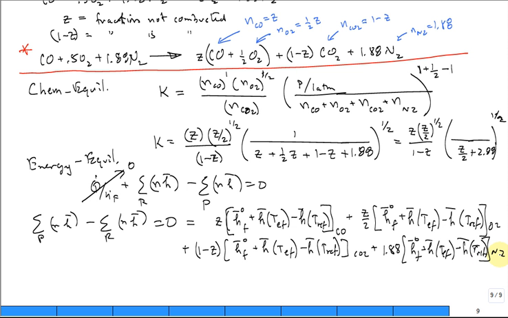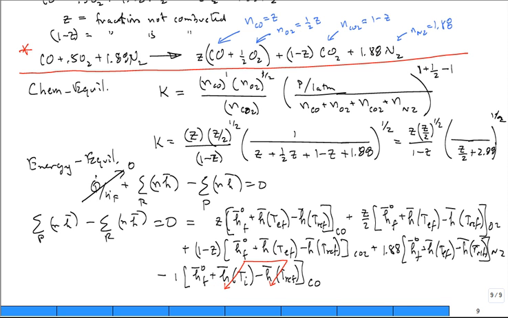Now we have minus the sum over all the reactants. So we have 1 times enthalpy of formation plus, now look at, what is the enthalpy at the temperature coming in minus the enthalpy at the reference temperature for the carbon monoxide. But isn't that 0 just because the inlet temperature is the reference temperature, 298?